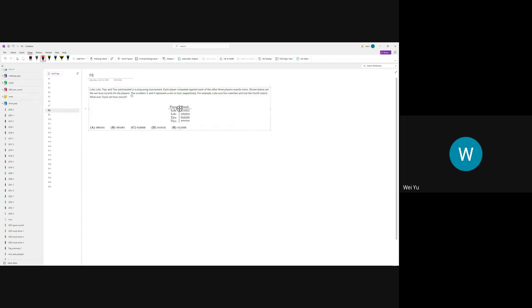Okay, problem 8. They participate in a ping pong tournament, and each of them competed against the other three players exactly twice. Shown below are the win-loss records, where 1 is a win and 0 is a loss. So we have to figure out Tio's win-loss record. So notice that in every round there are 2 winners and 2 losers per round.